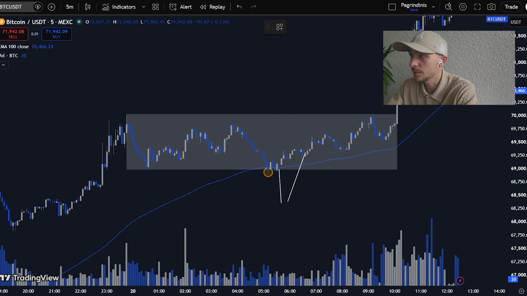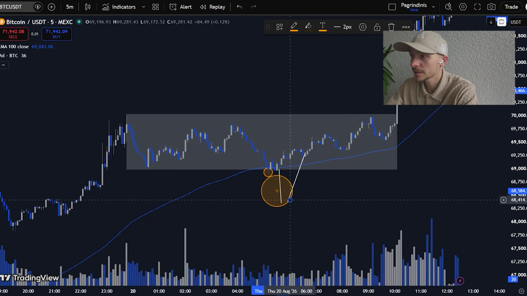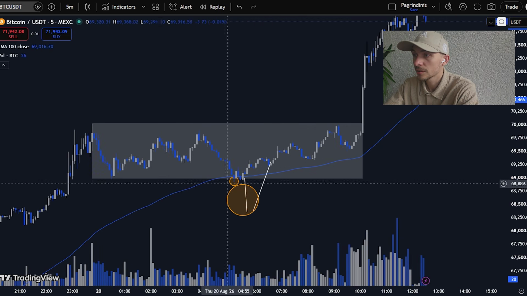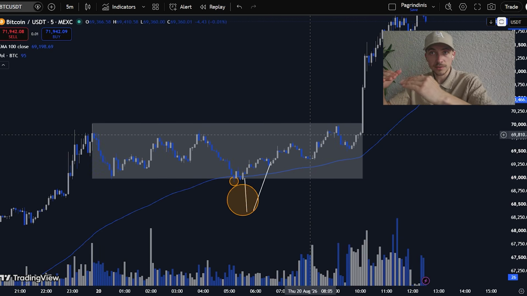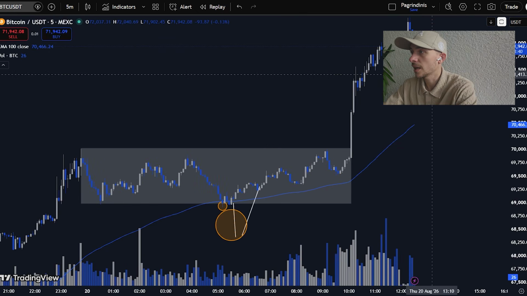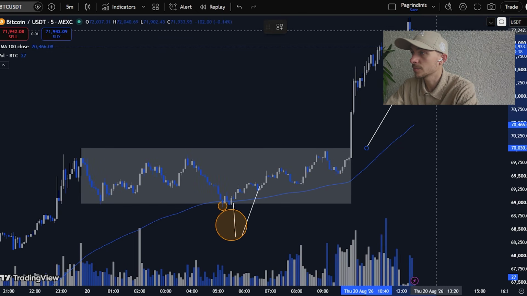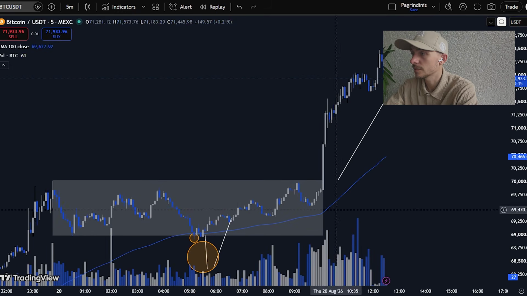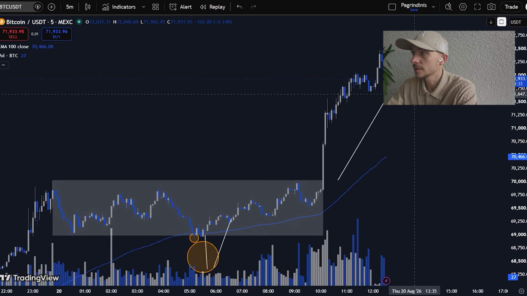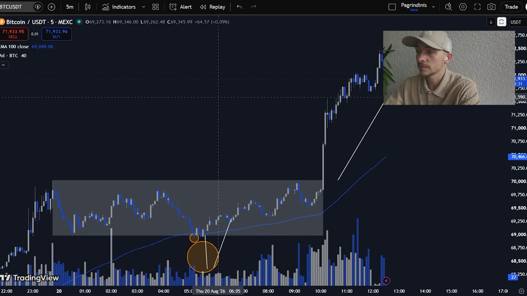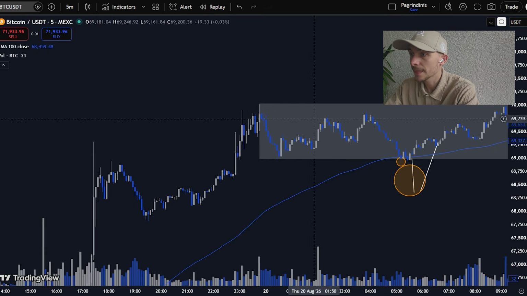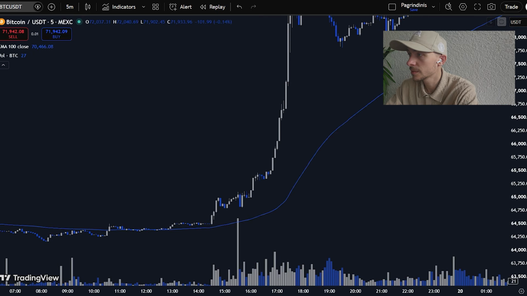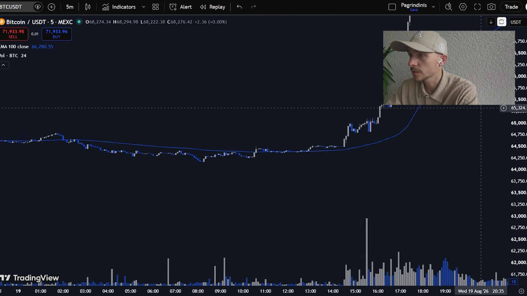So that would be manipulation. But in this kind of scenario, we just have accumulation, buyers and sellers getting there, and after that we got a distribution. The price jumped basically from 70k to 72.5.